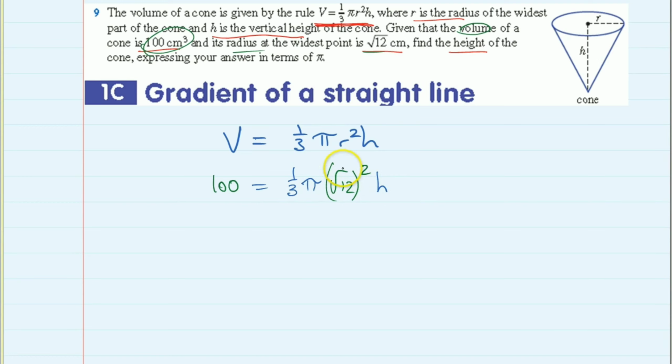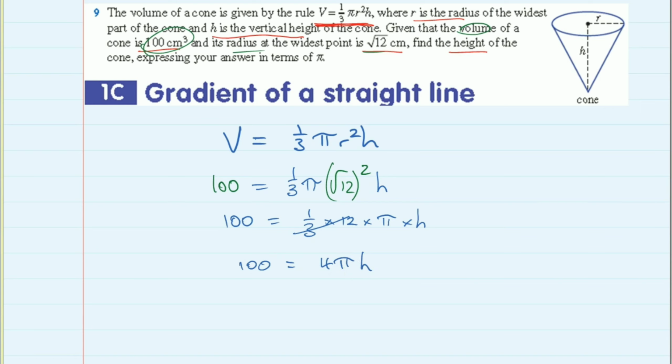And just going to tidy this up a little bit because root 12 squared will just be 12. So 100 is equal to 1/3 times 12 times pi times h. And I've just rearranged these a little bit to make it easier, because 1/3 times 12 is just simply 4. So now I'm going to have 100 equals 4 times pi times h.